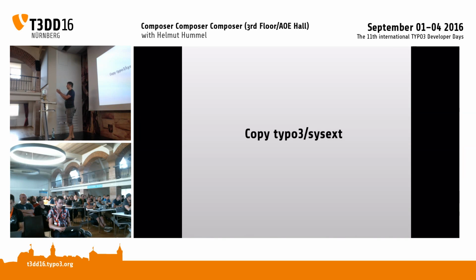We have to copy them around, so we have them in the vendor directory for autoloading, but also in the sysext directory for having the resources available there. That sounds like overhead. It honestly is, but that's what we accept in the first step.